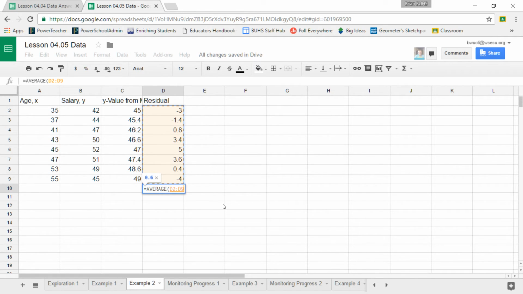You can close parentheses. You can also type it, D2 colon D9, or just click and drag over there. Then hit enter. It'll even add the closed parentheses if you forget to. You got it? And so the average is 0.6.